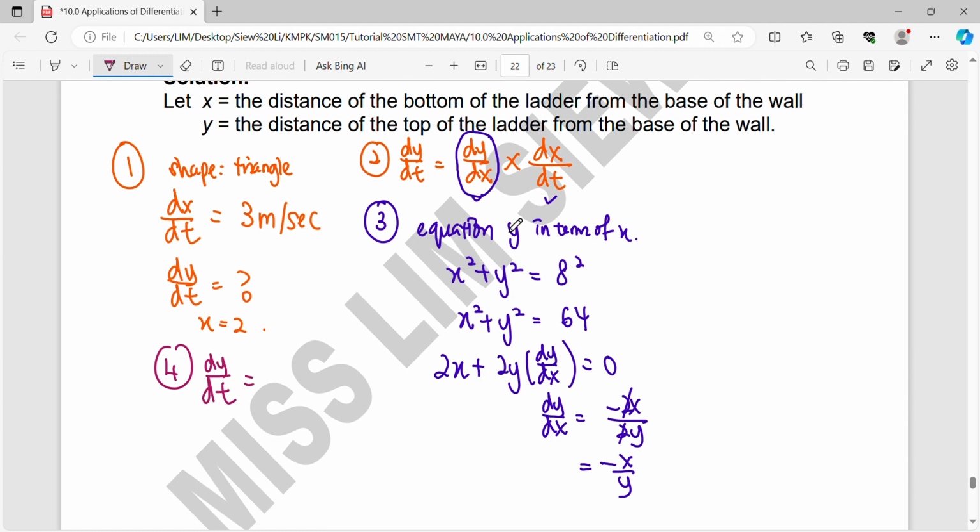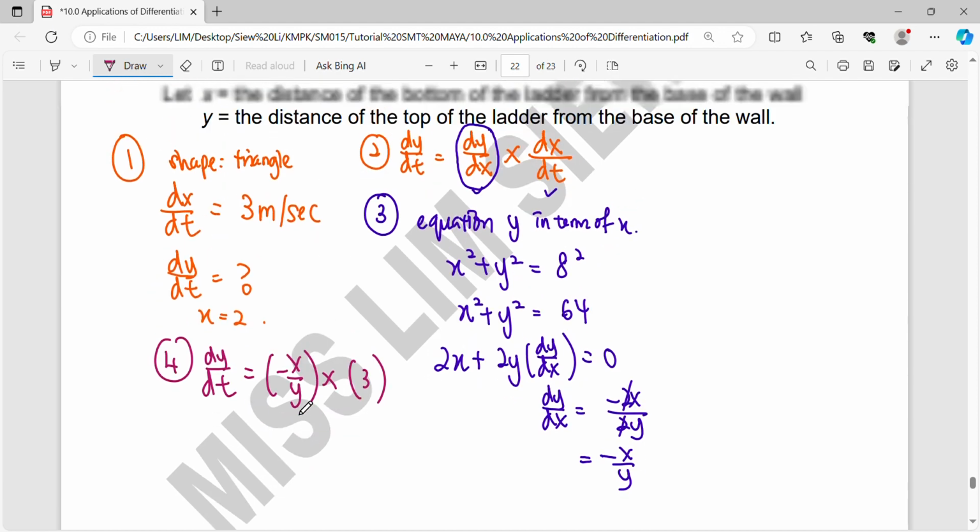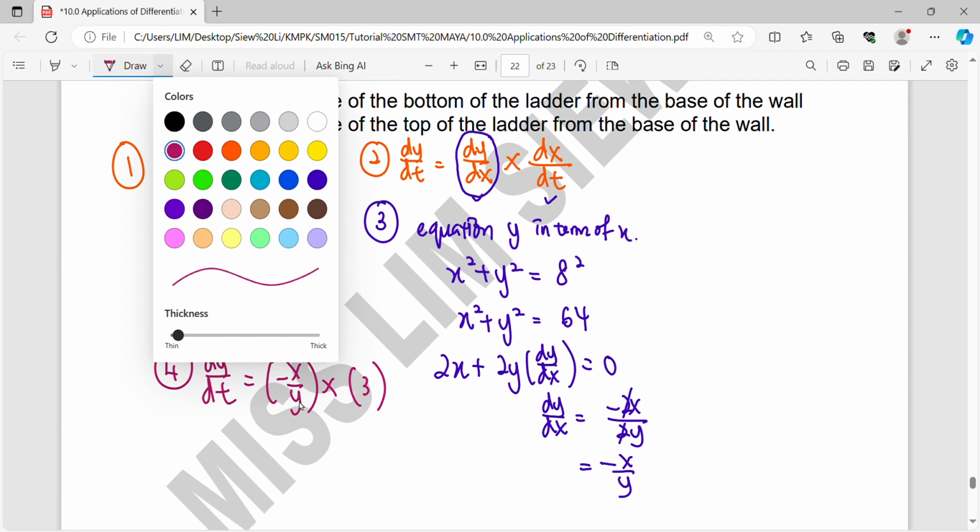So dy/dt is negative x over y times dx/dt, information from the question. We need to substitute x equals 2, but we notice that we still lack the value of y here. So we find the value of y first.